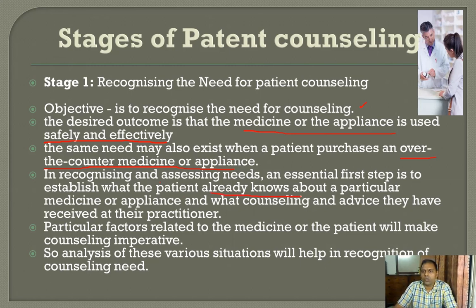While assessing the needs for patient counseling, the first step is to establish what the patient already knows. You need to find out what the patient actually knows about the medication or appliance, what he got from the prescriber, or what he knows from the practitioner.